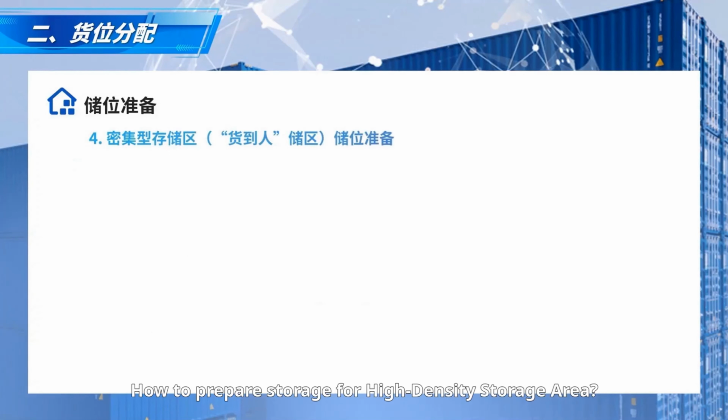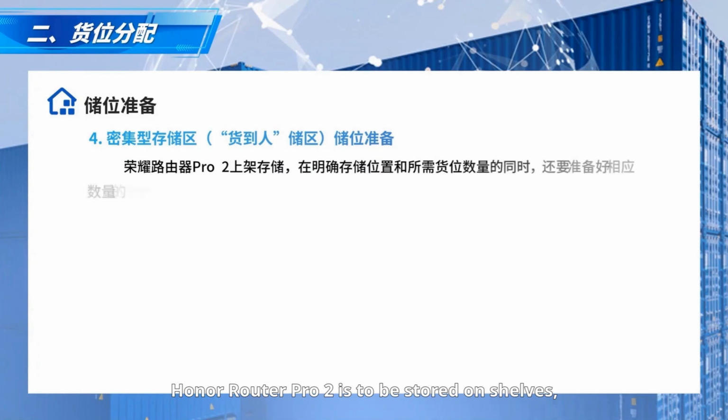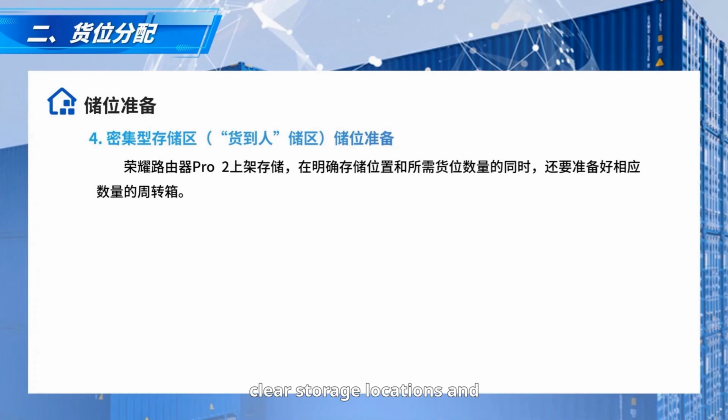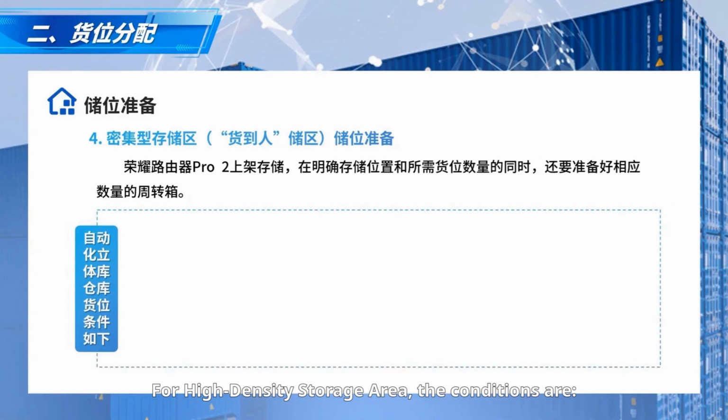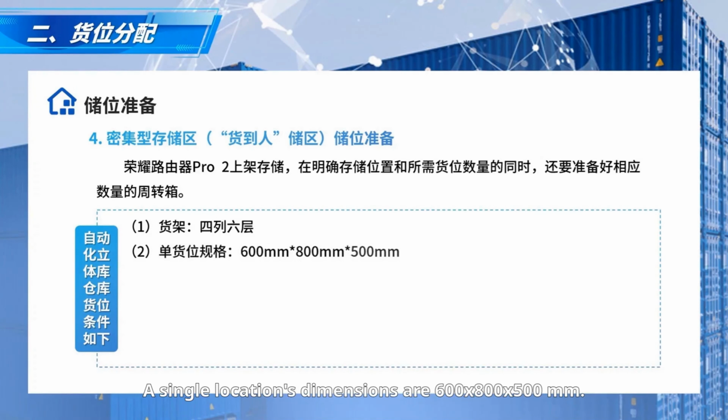How to prepare storage for the high-density storage area. Honor Router Pro 2 is to be stored on shelves. Clarify storage locations and the number of locations, while also preparing the corresponding number of totes. For the high-density storage area, the conditions are: first, the rack is 4 columns, 6 layers. A single location's dimensions are 600 x 800 x 500 mm.